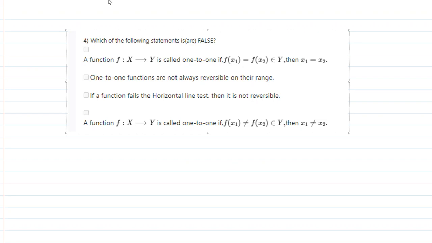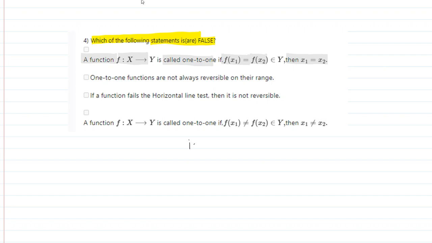Let's look at this question. Which of the following statements are false? The function f defined from X to Y is called one-to-one if f(x1) is equal to f(x2), then x1 is equal to x2. For a function to be one-to-one, there are two conditions.